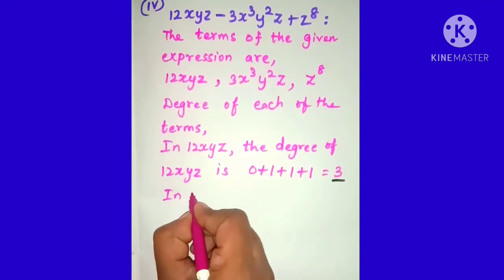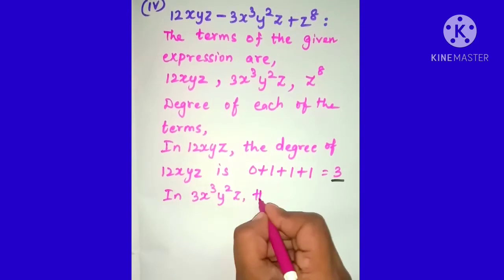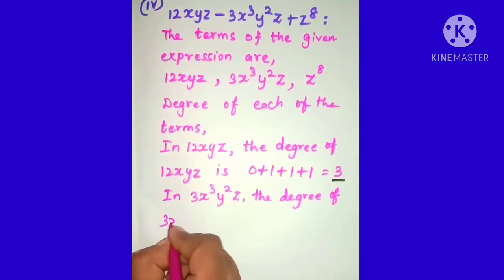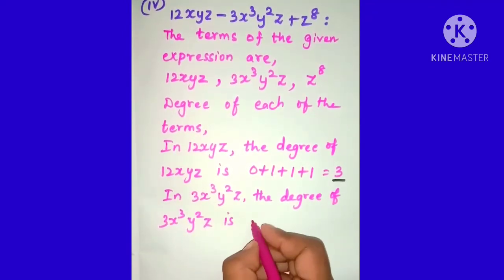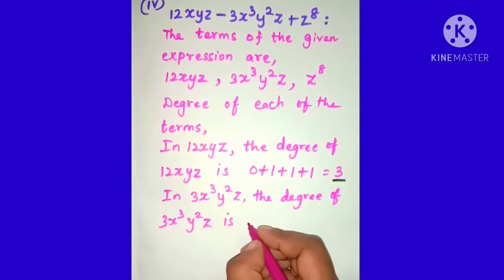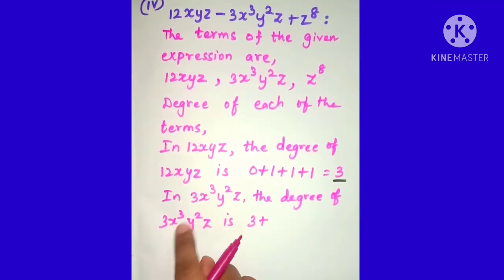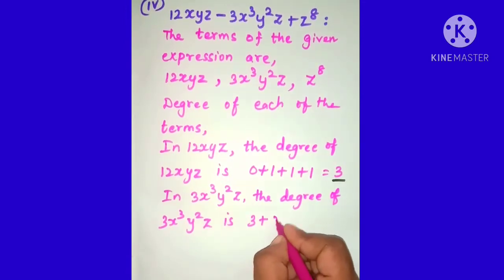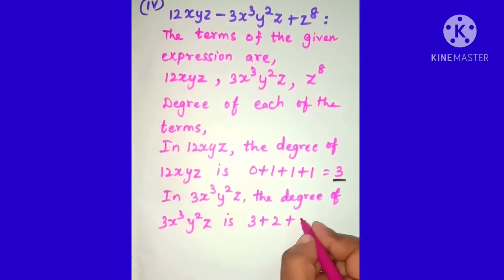In the second term, 3x cube y squared z, the degree is the sum of the powers of the variables x, y, z. The power of x is 3, the power of y is 2 and the exponent of z is 1.